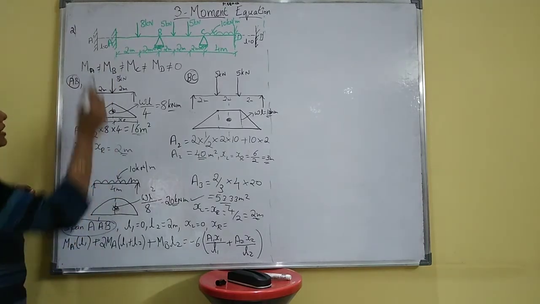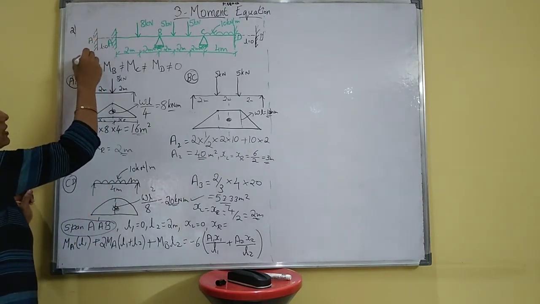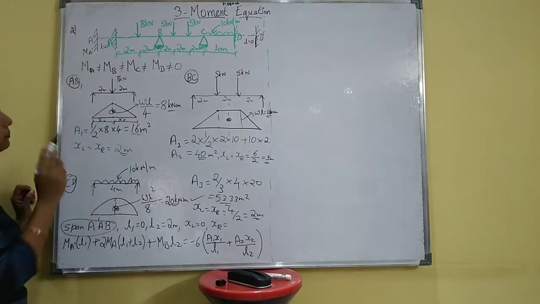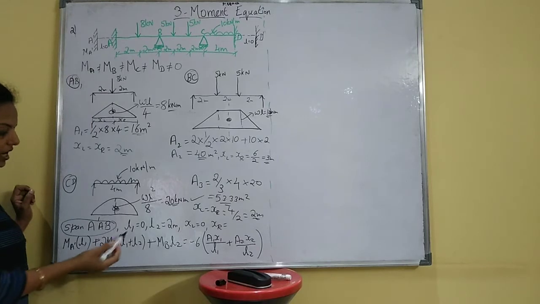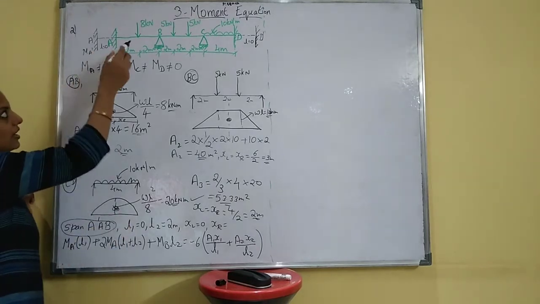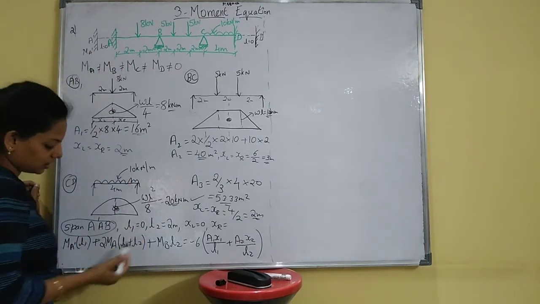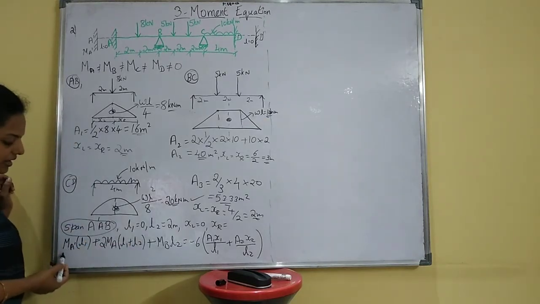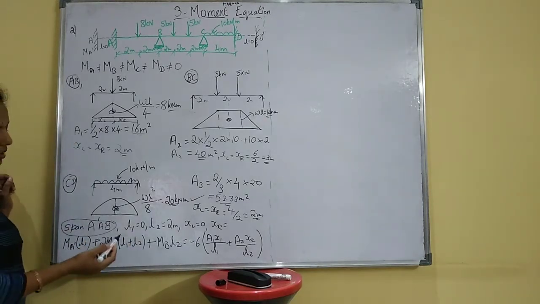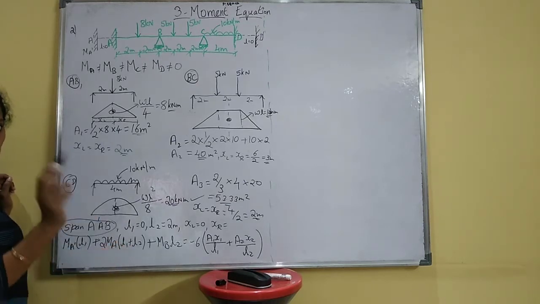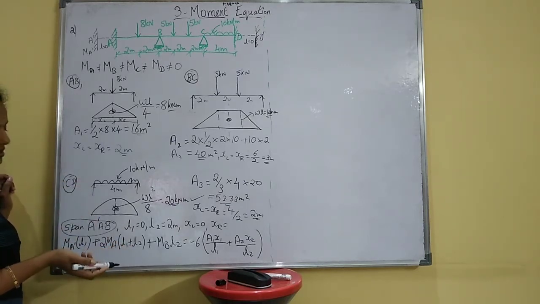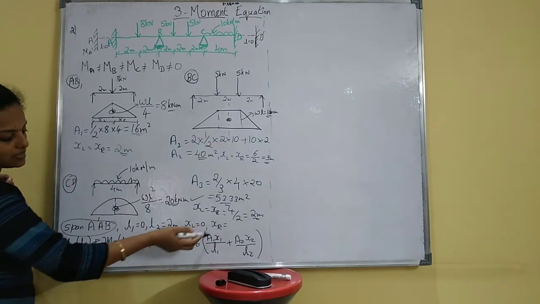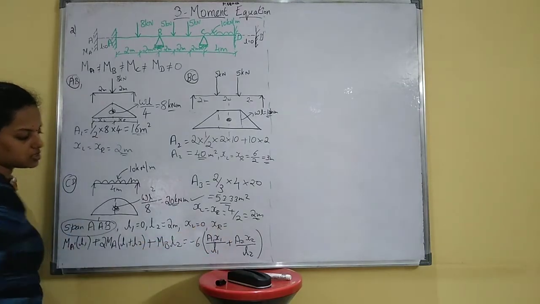For that span, here MA will be MA dash. MA dash and MA are the bending moments, with lengths L1 and L2. What is the formula? Here I is the same, so the formula is MA into L1 plus 2 times MB into L1 plus L2 plus MC into L2 equal to minus 6 times A1 X1 by L1 plus A2 X2 by L2.